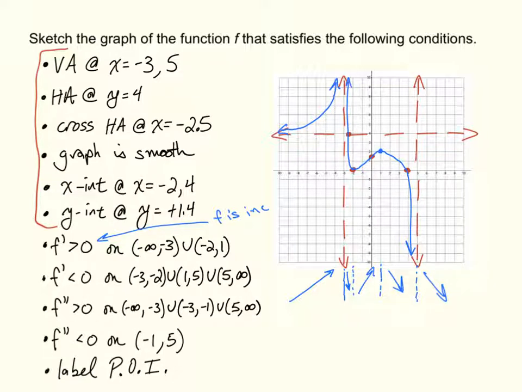So we can start as high up as we can, as it is a vertical asymptote. But again, we know that you have to level out at this horizontal asymptote. Otherwise, the graph will cross the horizontal asymptote again, and you cannot do that. The only place it crosses is right over here again at x equals negative 2.5.